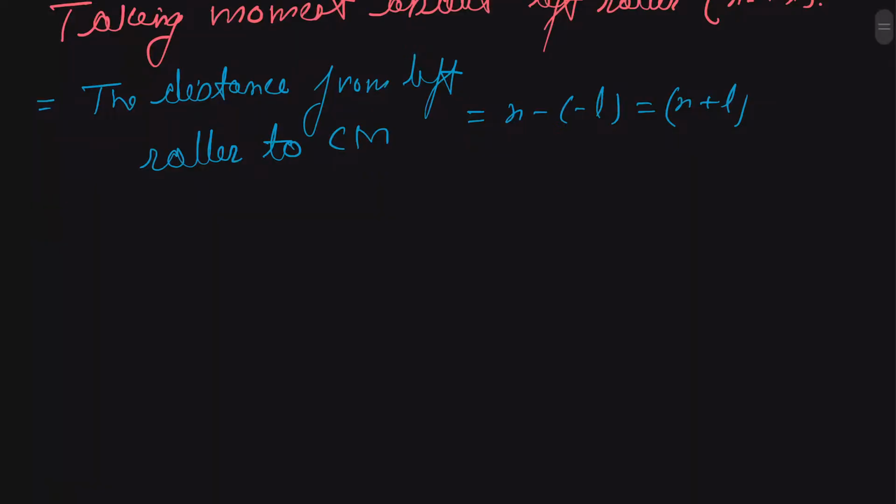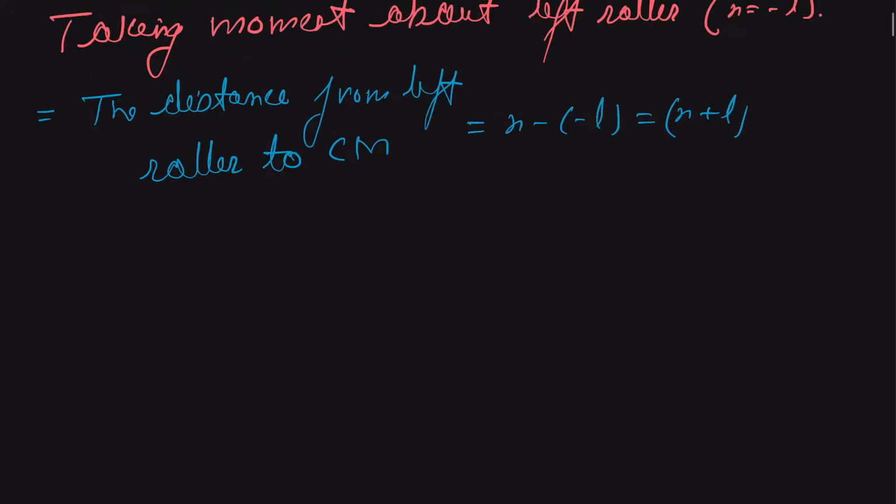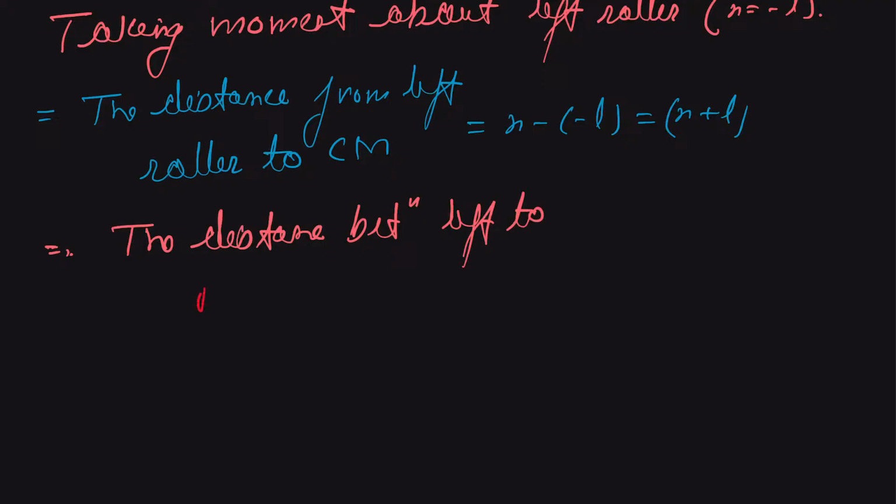Therefore, we also know that the distance between the left and right roller, this total distance, is 2L, which is fixed, it is not going to change.